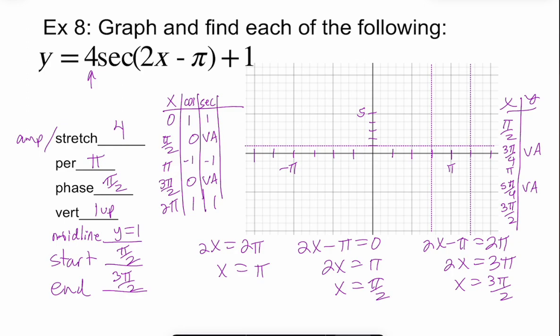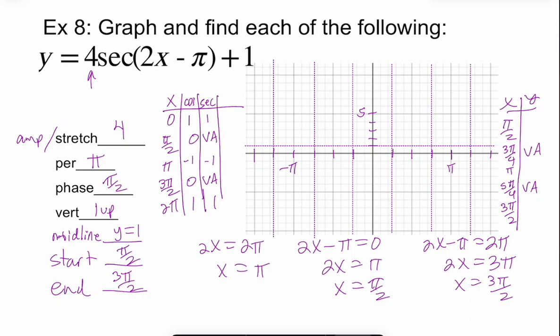Now, as soon as you find that spacing, we're going to put every vertical asymptote on our graph paper that can fit. So it's every 2 of my blocks. So there's got to be one here. They're equally spaced. There's got to be one here. They're equally spaced. There's got to be one here. And there's got to be one back here.